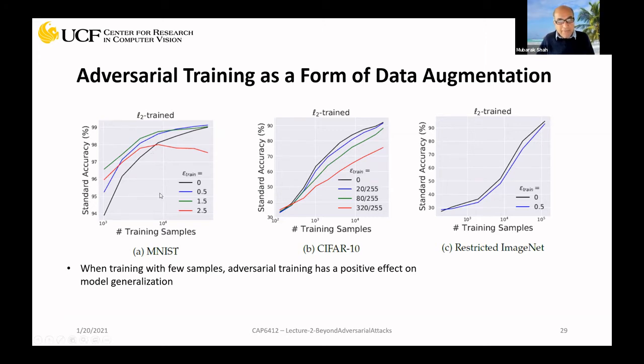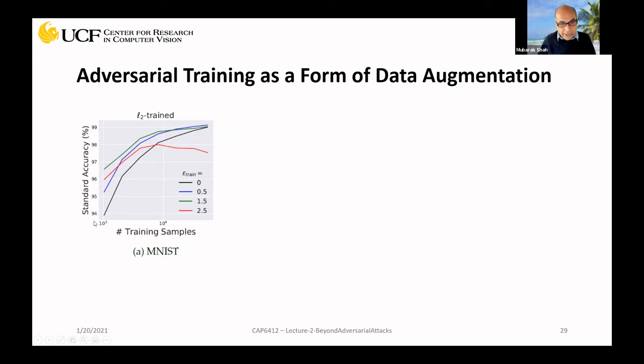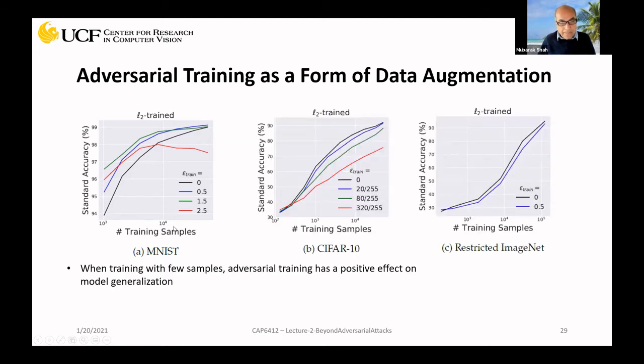So in a way it is serving as data augmentation. As you know, if we do data augmentation, we take one sample and apply rotation, cropping, and so on to increase the number of samples. Here, when we add perturbation, we are kind of doing data augmentation, because for few samples the robust classifier can do better.